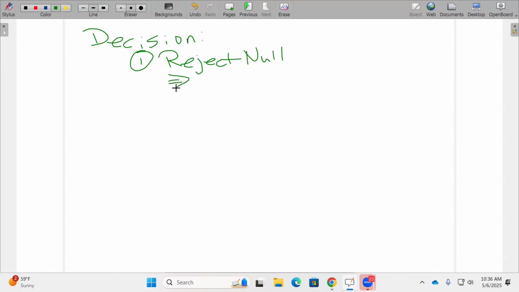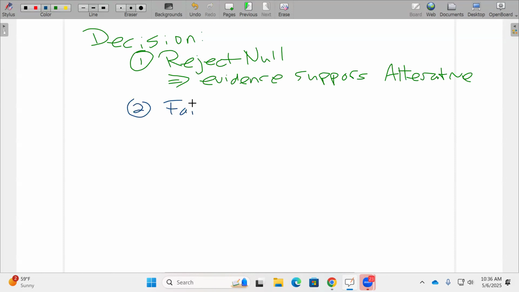Rejecting the null implies that the evidence, meaning the sample data, supports the alternative hypothesis. Decision number two is you fail to reject the null. And that means the evidence does not support the alternative.